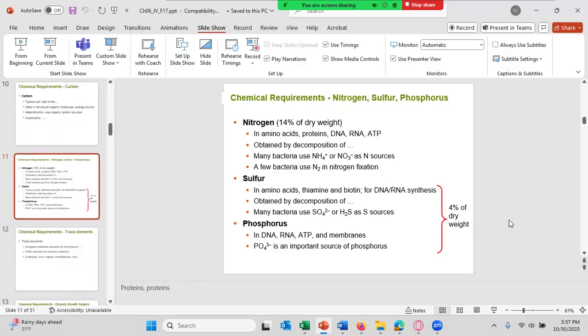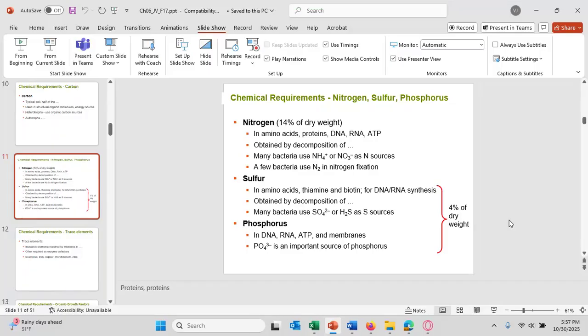All right, nitrogen is another chemical requirement. You don't need to know this, but about 14% of the dry weight of a dried cell is nitrogen. Nitrogen is found in amino acids, proteins, DNA, RNA, and ATP.